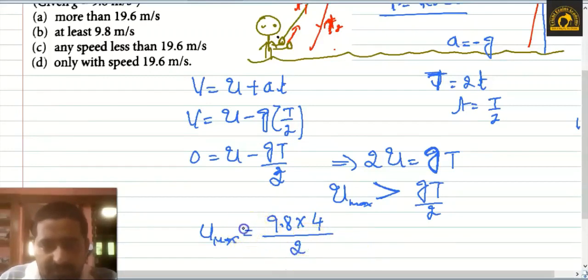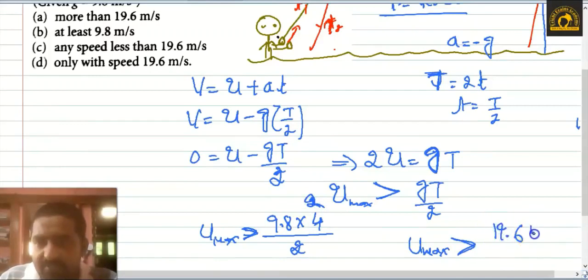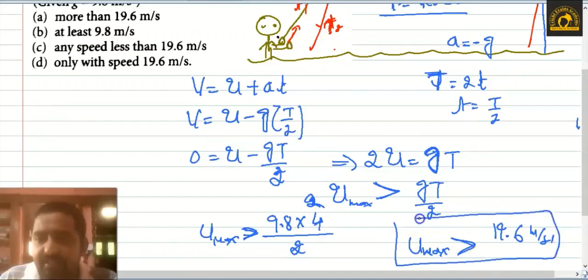That is 2 twos are 4, so u is greater than 19.6 meters per second.